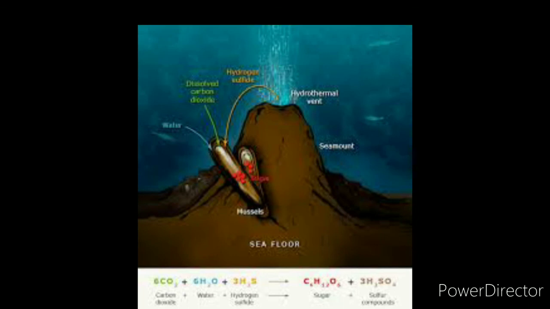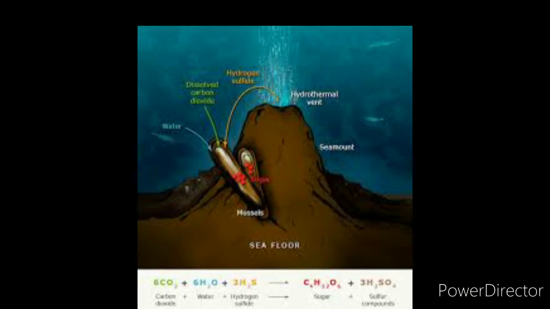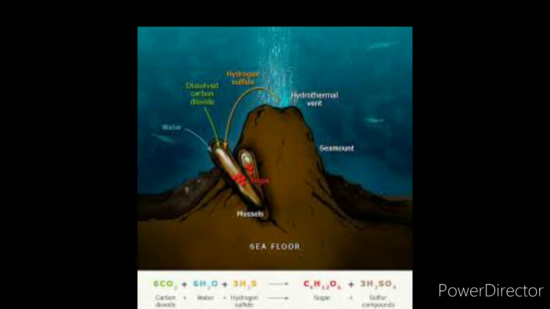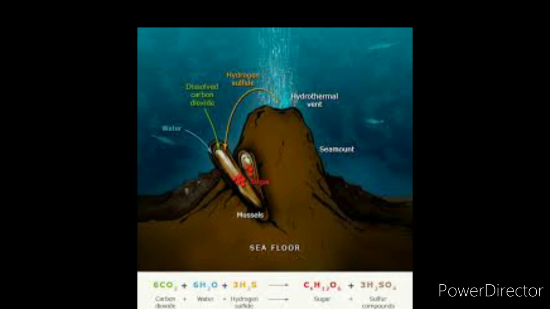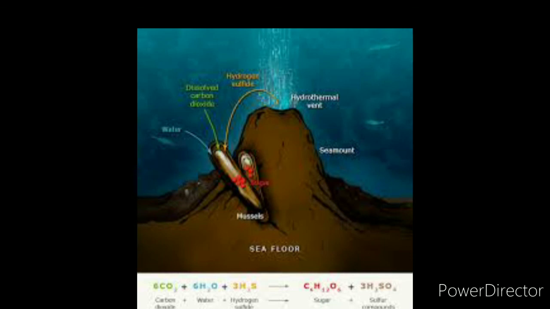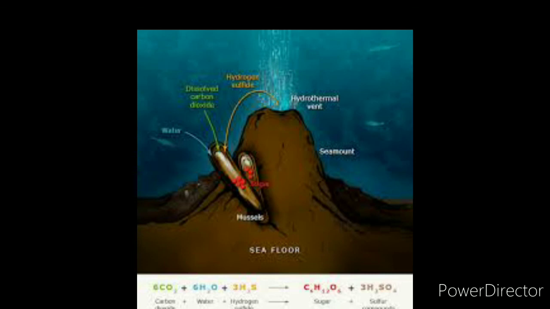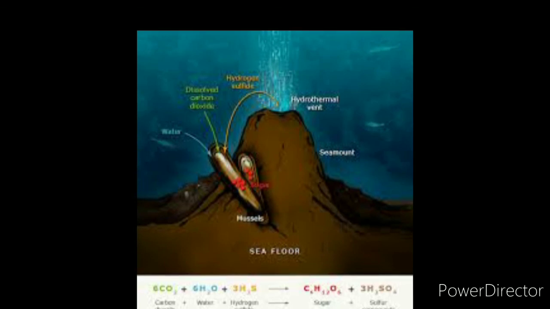The chemical energy in hydrogen sulfide is actually stored in the chemical bonds of the sugar. So chemosynthesis is a process by which a type of chemical energy is converted to another type of chemical energy through the production of sugar in the absence of light.